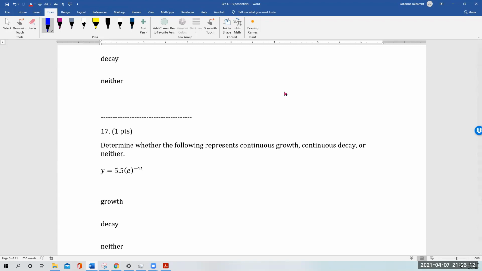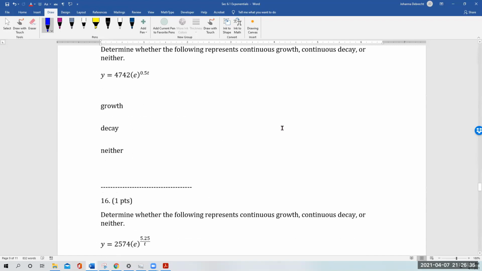The easiest way to tell the difference between growth and decay is that continuous ones have base E, but in growth the power is positive, and in decay the power is negative. See here that we have a negative 4t power. Because we have the negative, that means this one is continuous decay.